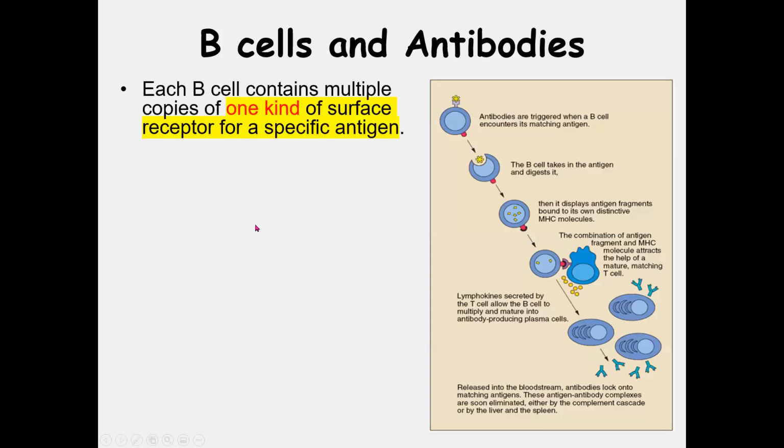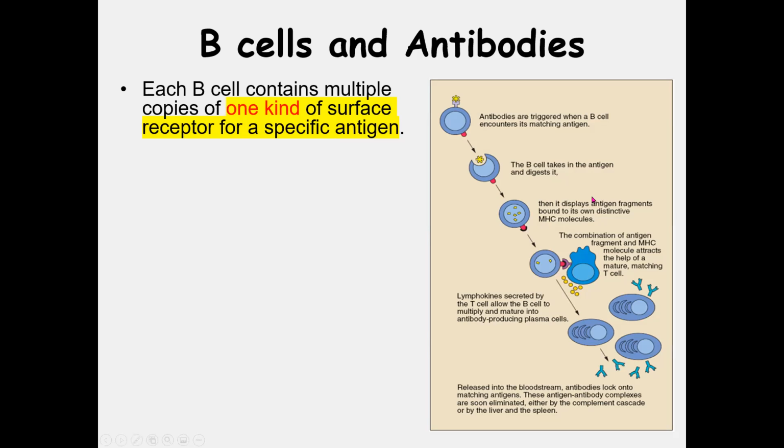Now, what happens with the B cells? Every B cell has multiple copies of one kind of surface receptor for a specific antigen. Now, there are millions of different antigens which could affect us. And we basically have some cells with each of those possible antigen receptors. It's incredible.